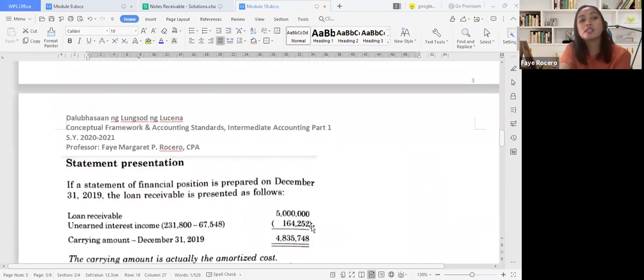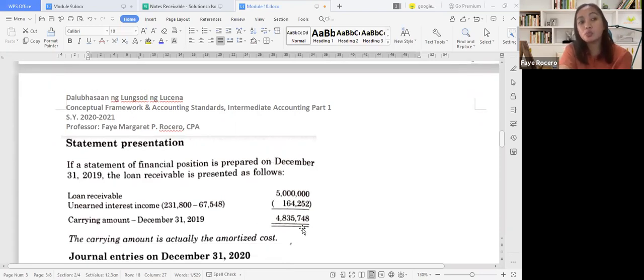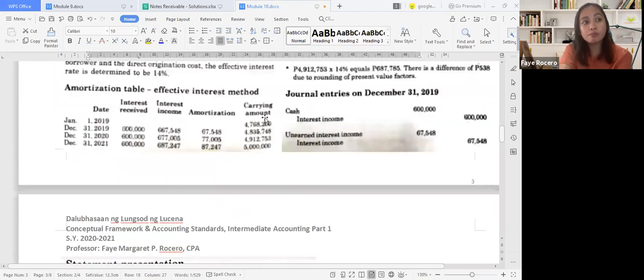The balance is 164,252. This is a contra asset account. So you deduct it from the loan receivable carrying amount to get the carrying amount as of December 31, 2019, 4,835,748, which is also equal to our carrying amount in the amortization table.